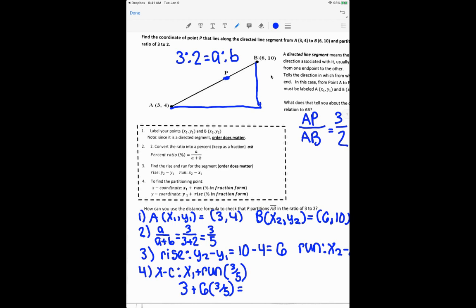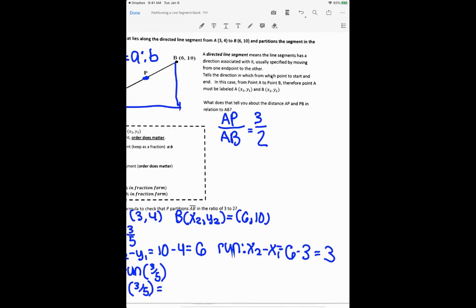So if we go ahead and simplify that, and whoops, I'm so sorry, I messed up. I just saw something that I messed up on, so let me get that real quick. This right here, I picked the wrong number, sorry. So I'm looking for run, not rise. And my run was over here.